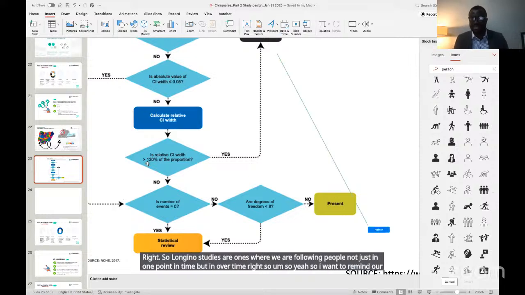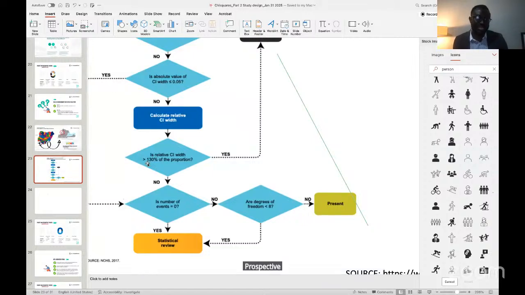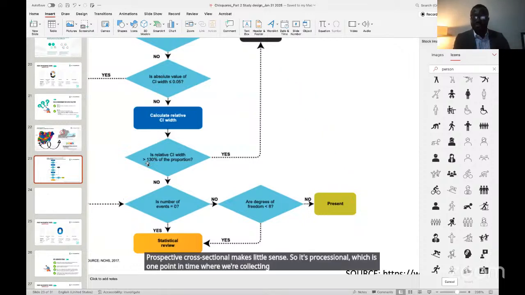We don't want to ever say things like prospective cross-sectional because that makes little sense. So it's either cross-sectional, which is one point in time where we're collecting the exposures and the outcome at the same time, or it's longitudinal.